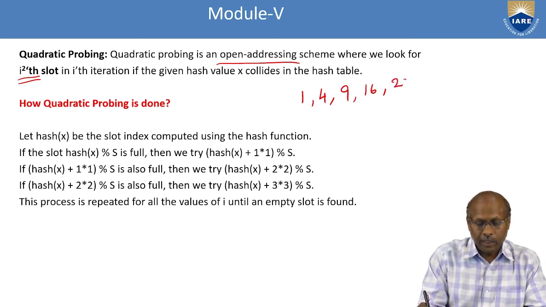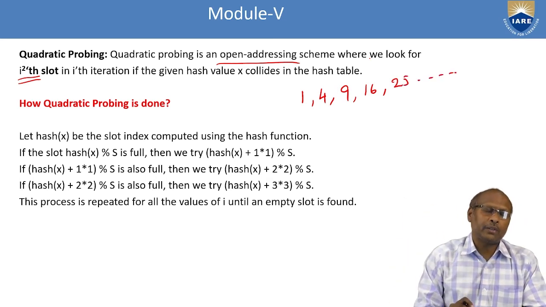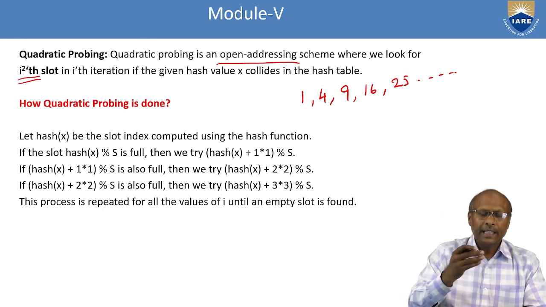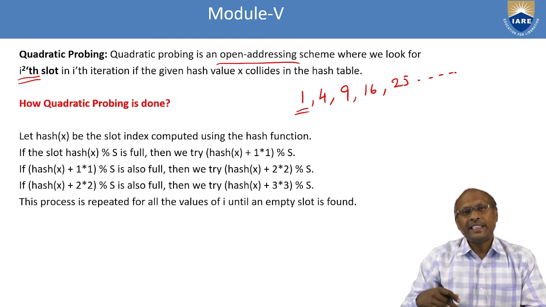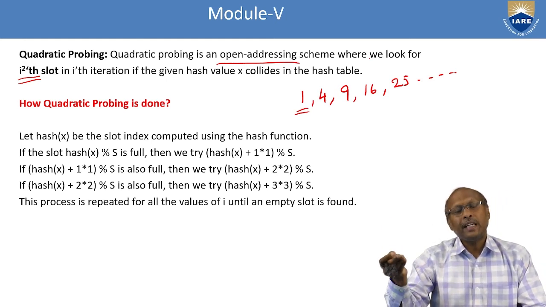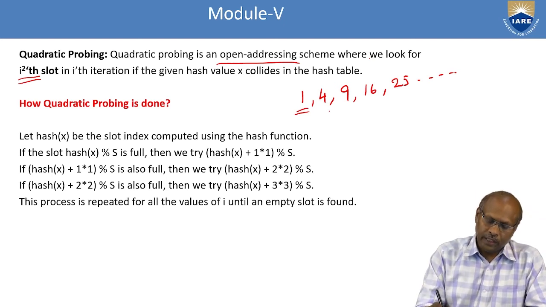Then 5 square, 25, like this. That place directly I will go and check whether that slot is free or not. If the slot is free, I will store it. Otherwise, I will go to next. So this is jumping directly to the empty slot. Instead of wasting time, directly you can go there.